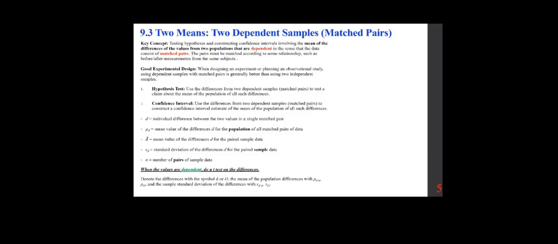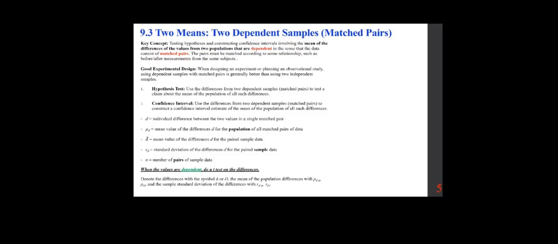When the values are dependent, do a t-test on the differences and denote the difference with the symbol lowercase d or uppercase D. Depending on the text, they may use lower or uppercase, and I may use both of them. It really depends on the text, but either way is fine.